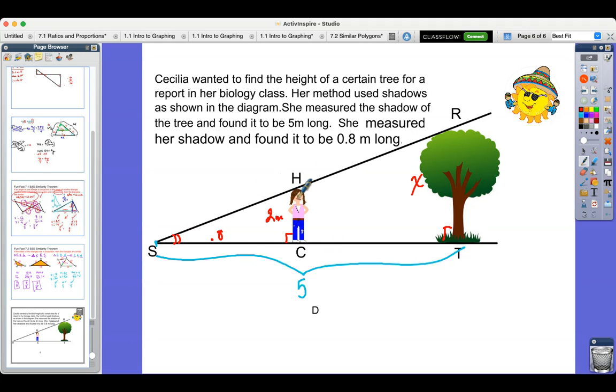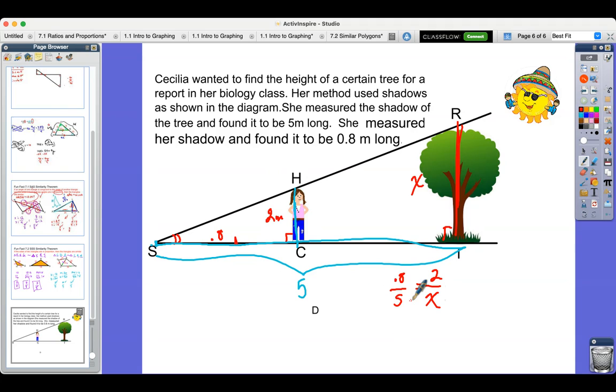So this should be proportional. When you're setting a proportion, I'm going to say side to side, which is the whole thing, equals her height to this side right here. Oh, I used the wrong color. So let's set that up. Small triangle base 0.8 is to 5, as her height 2 is to what we're looking for, the tree.